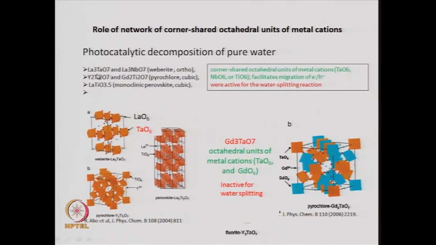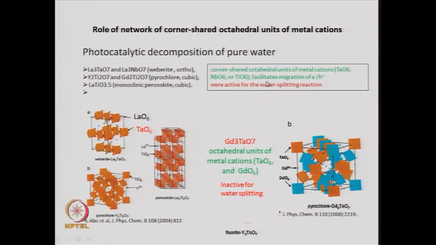So, if it is a tantalate, you have TaO6 octahedra. If it is a niobate, you have NbO6 octahedra, and these NbO6 or TaO6 octahedra are corner shared.